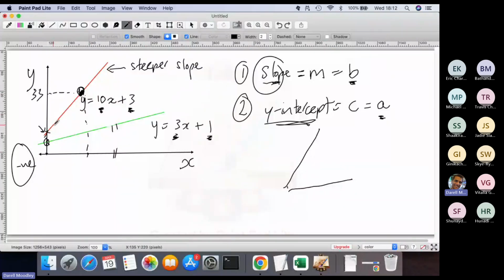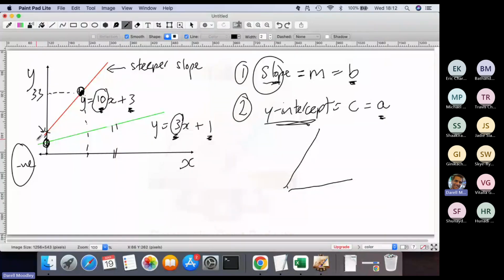For the red line, you can see it's a lot steeper. That's why its slope, the value in front of x, is a lot higher than the value in front of x for the green line. It's 10 versus 3. The next thing you need to differentiate the line is where it intersects the y-axis. The green line intersects the y-axis here.